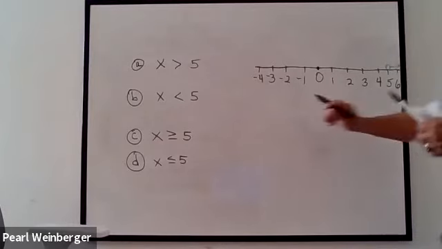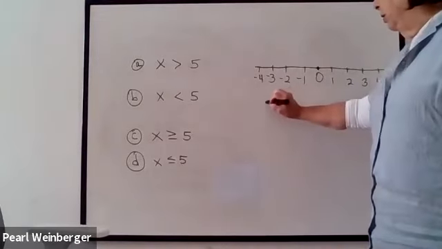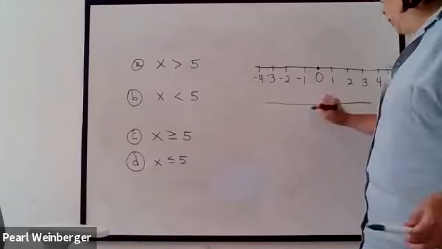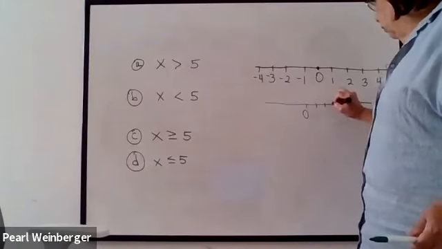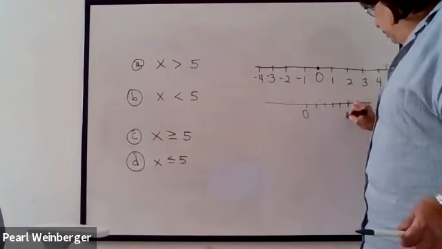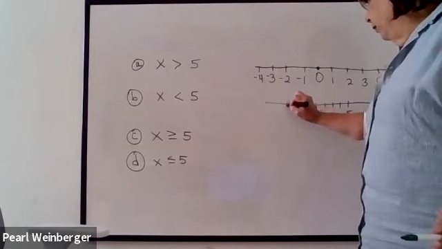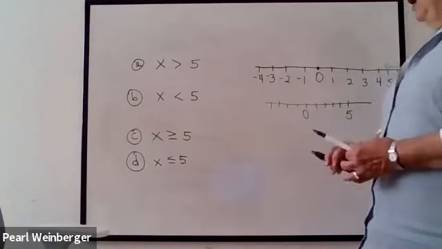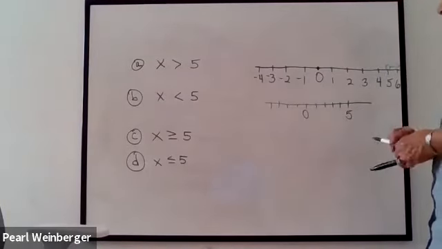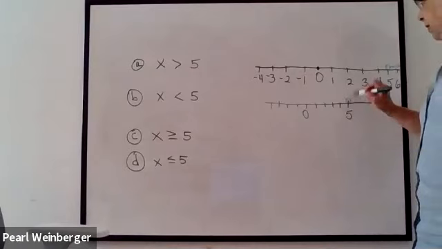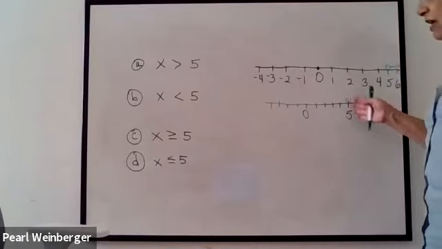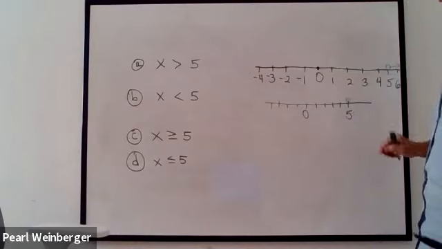What about this one? X is less than 5. Okay, so here's my number line. Here's my 5. Again, I'm going to start at 5, but to say X is less than 5 means everything to the left of 5.